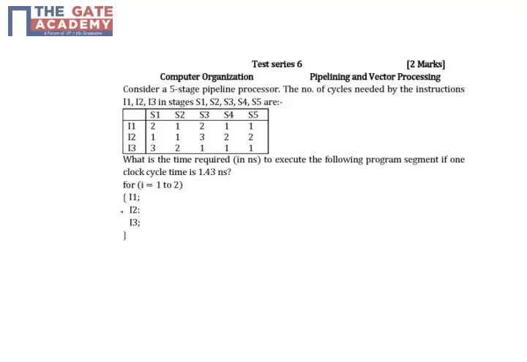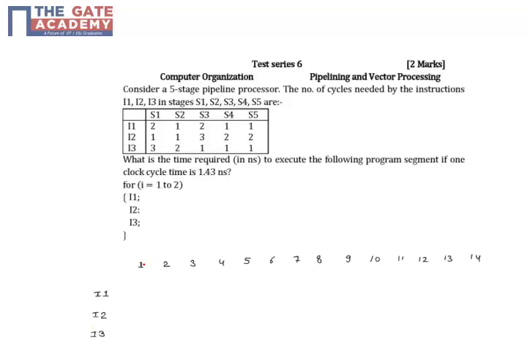That means I1 for iteration number 2 will start when I3 is completely executed. So if I can compute the number of clock cycles for 1 iteration, then I can double it and get the number of clocks for 2 iterations. So I will make a timeline diagram for execution.